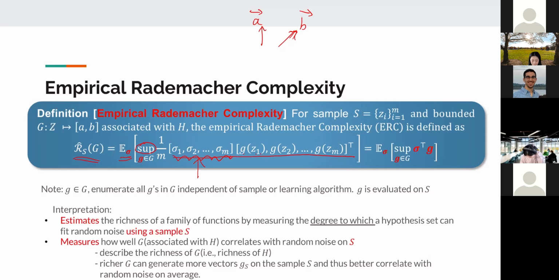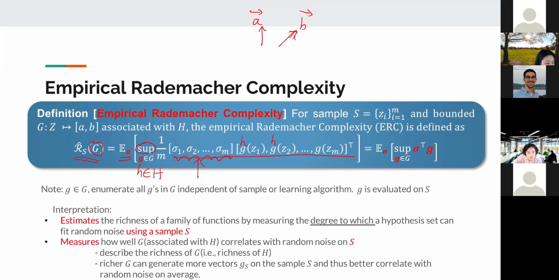This is characterized as the empirical Rademacher complexity of G. Notice that this is of G, not H. If you wanted to characterize the empirical Rademacher complexity of H, then you would replace this G with H, and replace G belonging to capital G with H belonging to capital H, right? Okay, so is this clear?